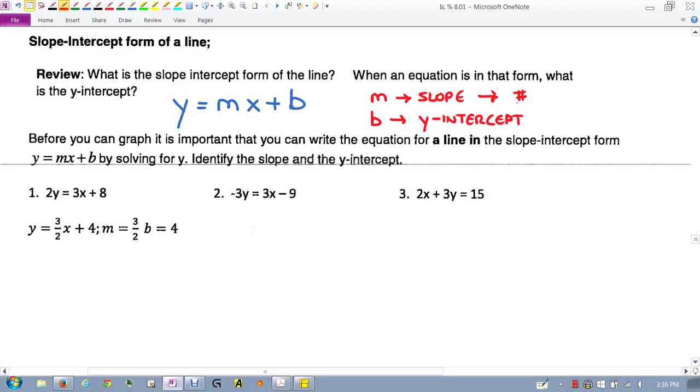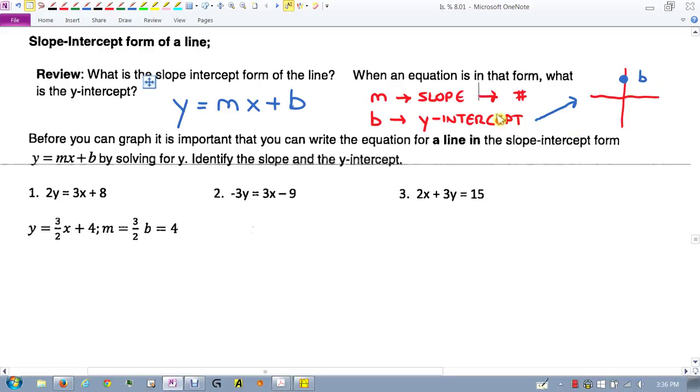Now, the y-intercept, if you go back and look at when we're talking about intercepts of a graph, the y-intercept is the point on the y-axis that your line hits. So b is how high off the ground you are.